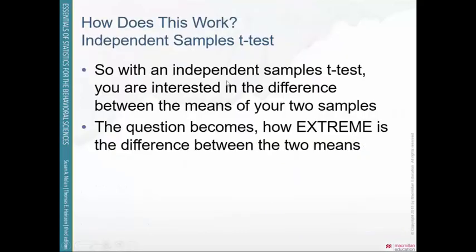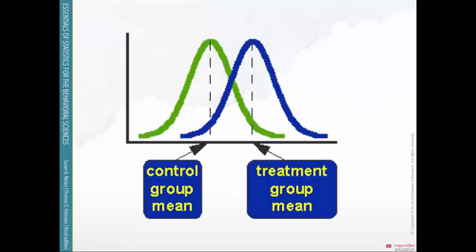So with an independent samples t-test, you're interested in the difference between the means of your two samples. How different is the mean physical health score of children whose parents are married compared to the mean physical health score of children whose parents are going through divorce? How extreme is the difference? And if you take a look here, this could represent the distribution of the two different populations we're interested in.